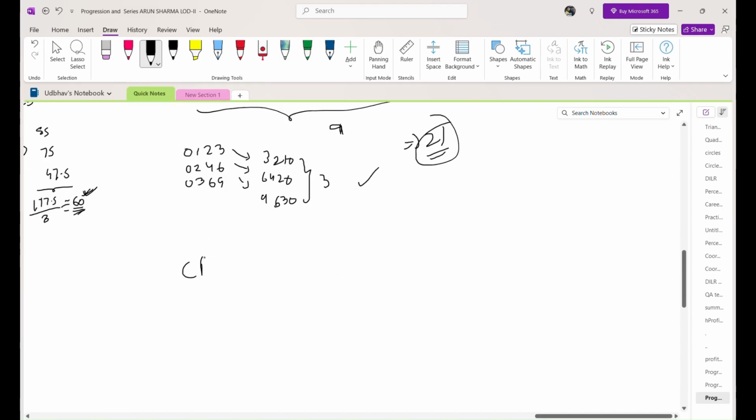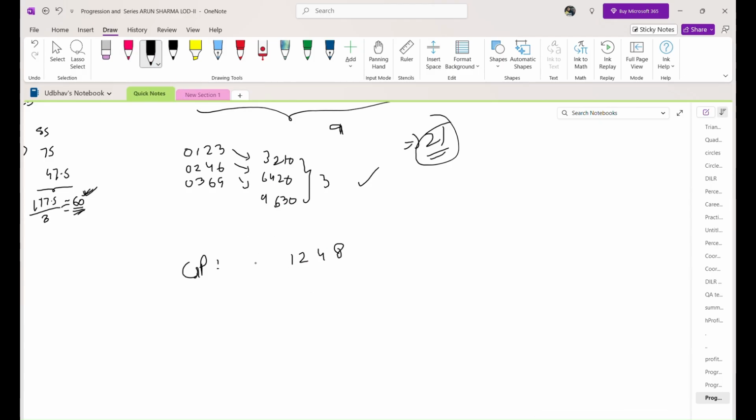And for the GP, we can again assume A to be 1, then 1, 2, 4, 8, and after this 1, 3, 9, 27 would be the case.